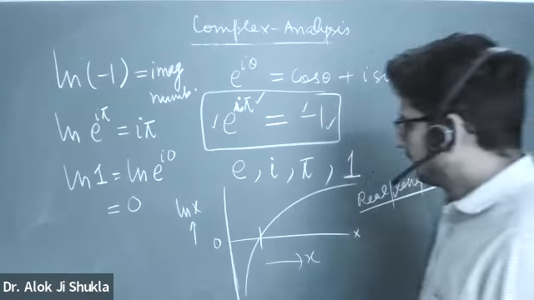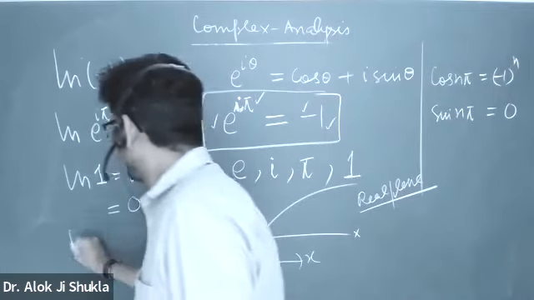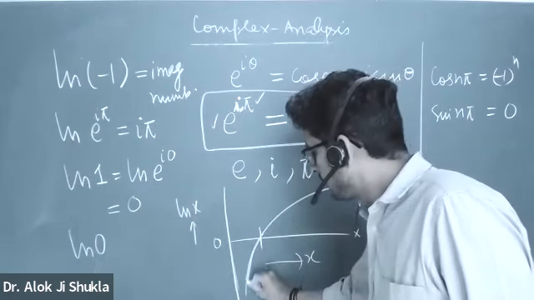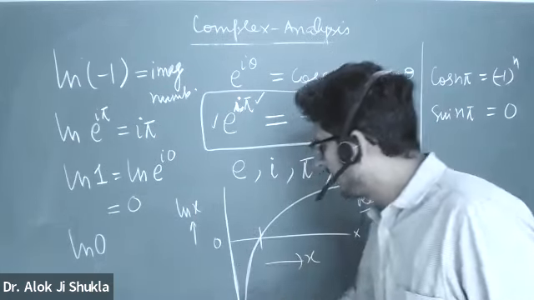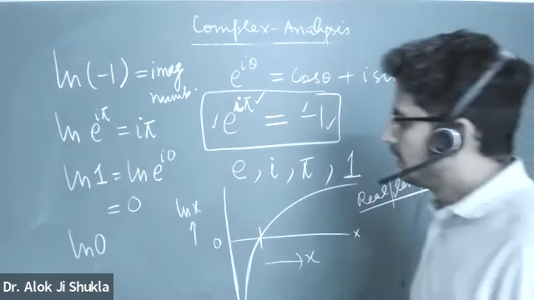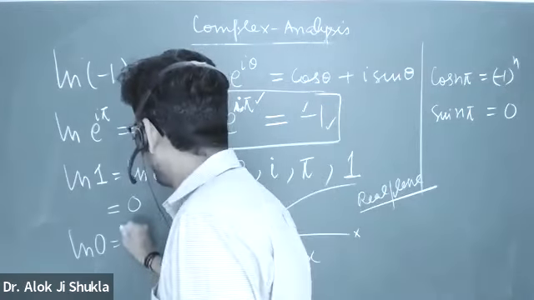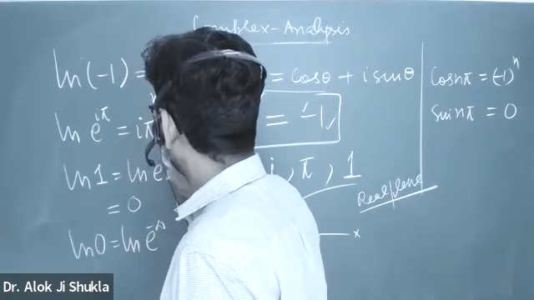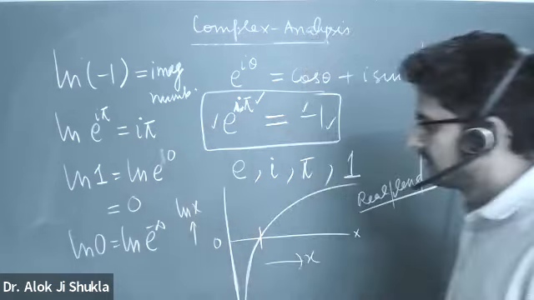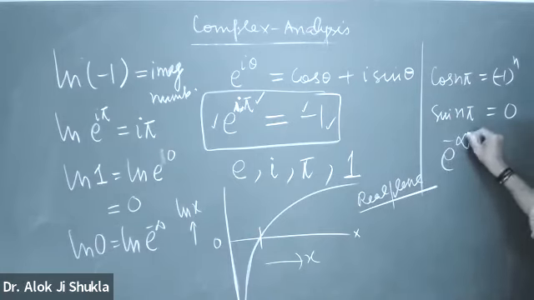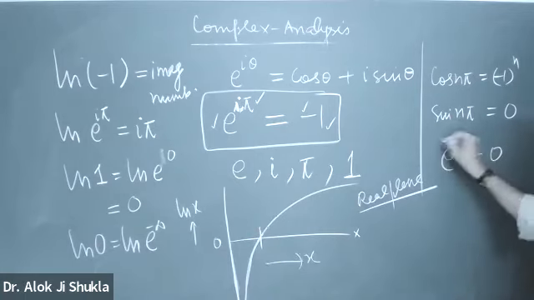And also log of 0 here is asymptotic towards the negative y-axis. So log of 0 can be written as log of e to the power, or you can just avoid iota here, you can just write e to the power minus infinity, because e to the power minus infinity is 0.